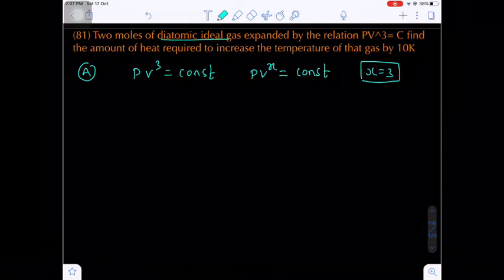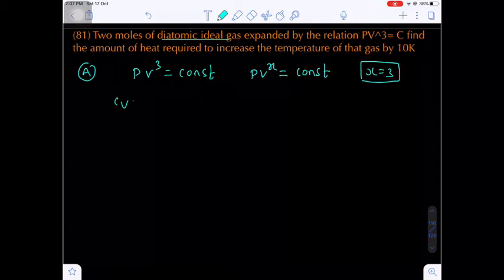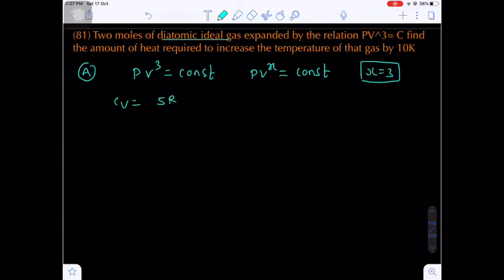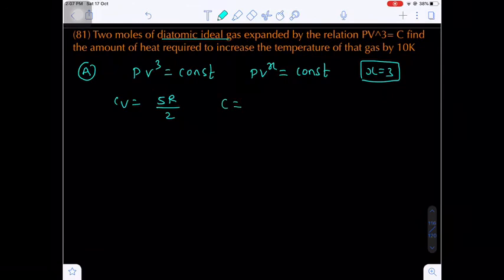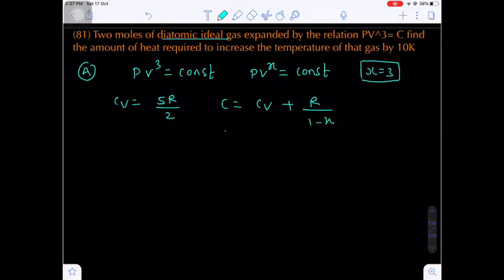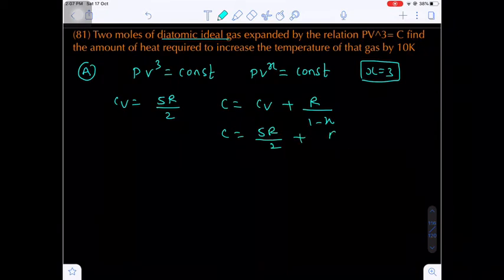And one more important thing, this is a diatomic gas. For a diatomic gas, CV will be equal to 5R by 2. Now what will be the C? C equal to CV plus capital R upon 1 minus x. Now C equals CV value 5R by 2 plus R divided by 1 minus x, where x is 3.